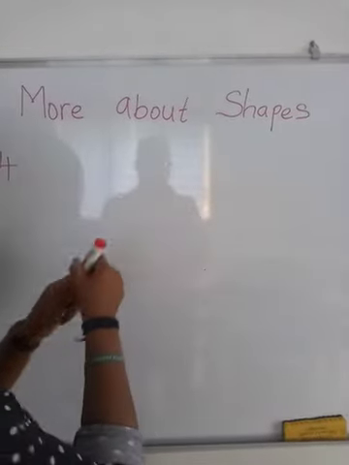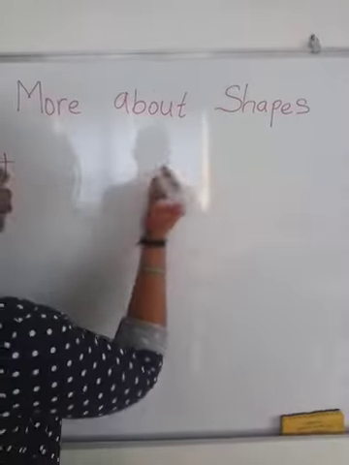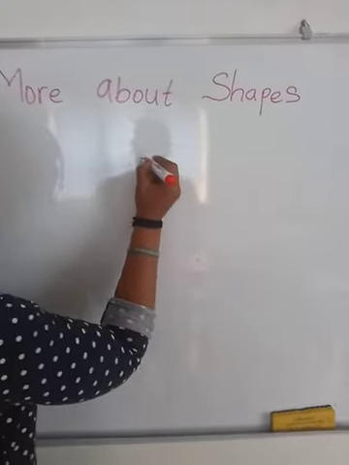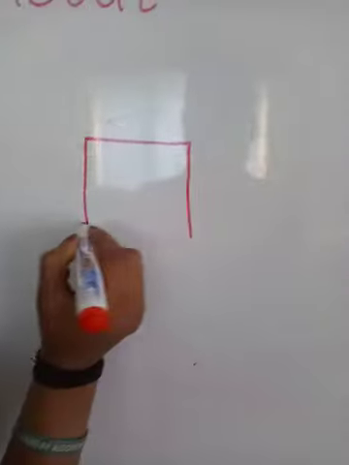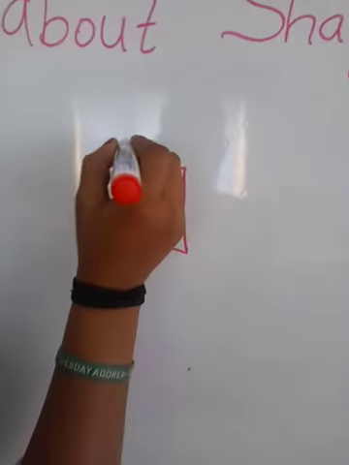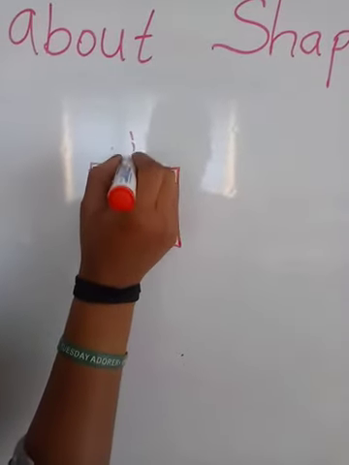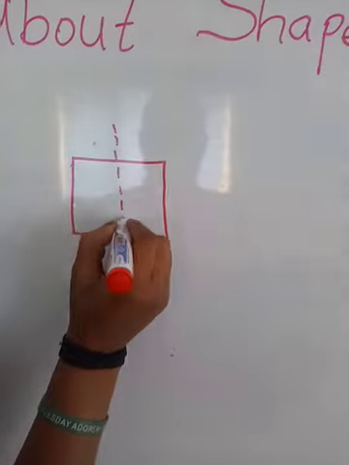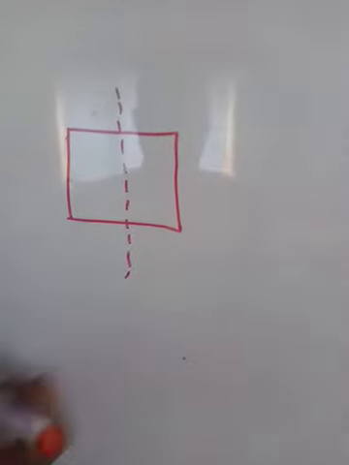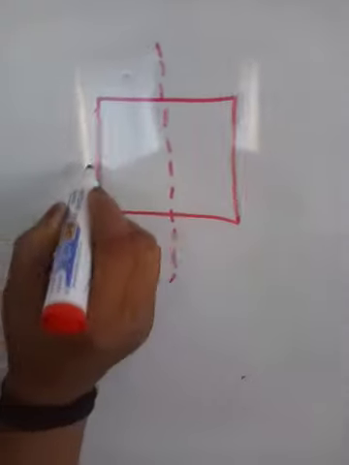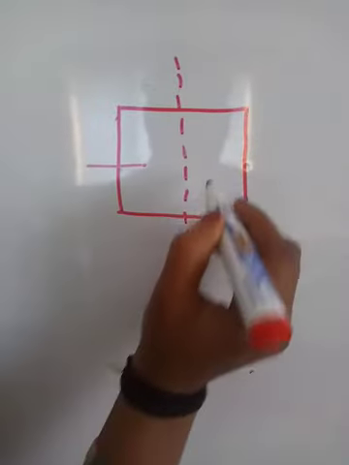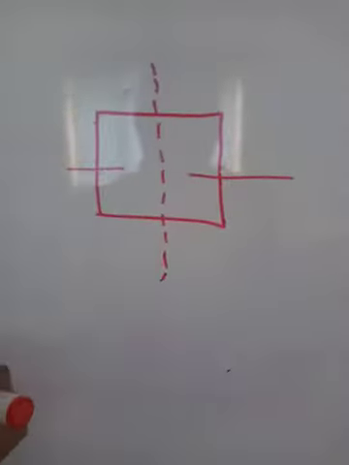So let's say, for example, this is a square, right? And I'm going to divide it into two parts. Alright, so you can see that this part is equal to this part, right?